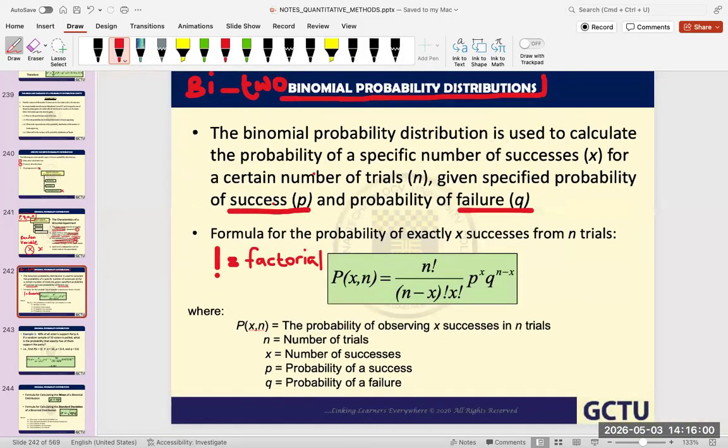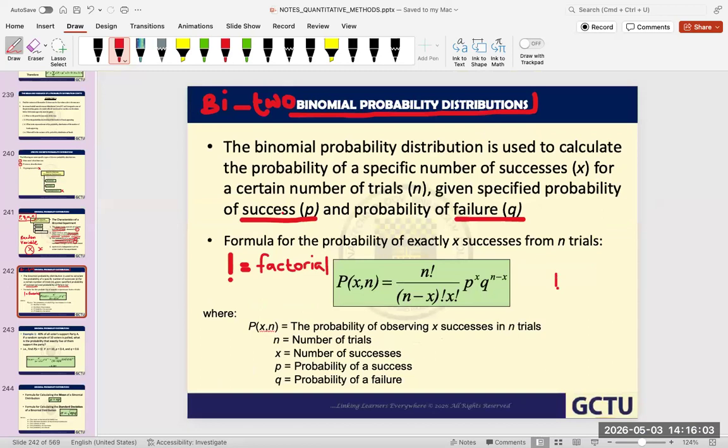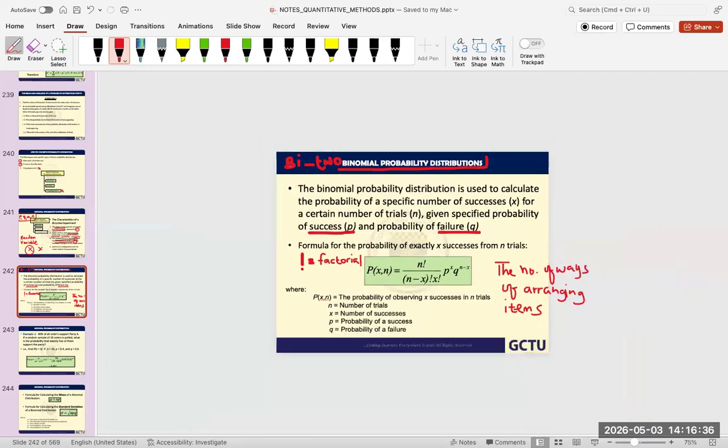Factorial means the number of ways of arranging items. The number of ways of arranging items. So, for instance, let me give you an example of factorial and then we come back to the formula.